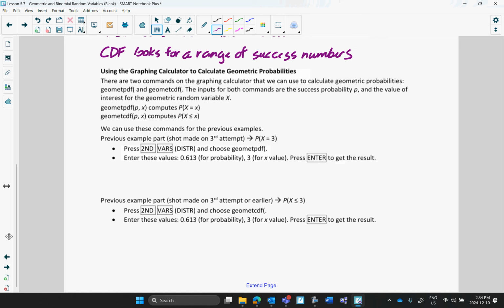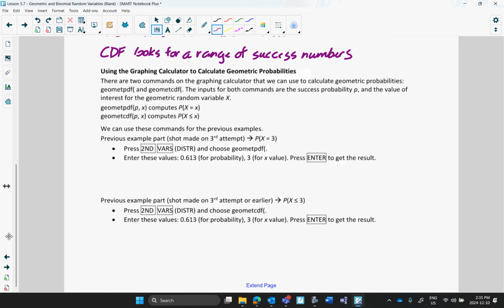So you select that, and then it's asking for 2 values. The probability of success, which you enter as 0.613. And what number of the random variable are you looking for success on? The third one. So 3, paste, enter.